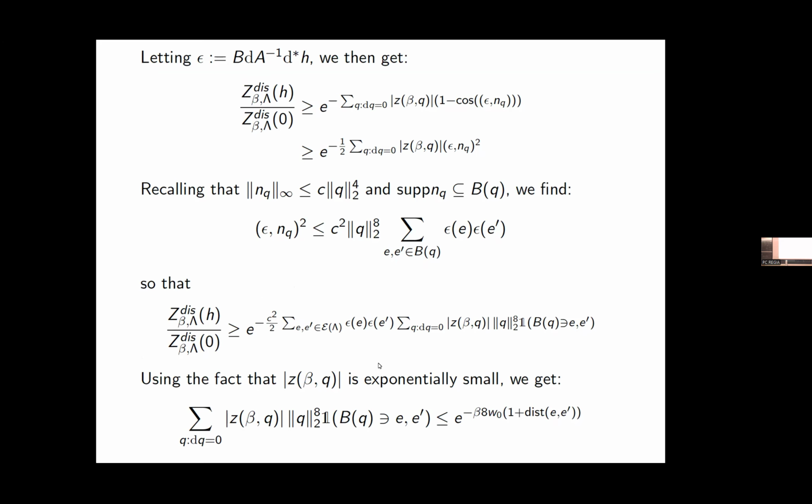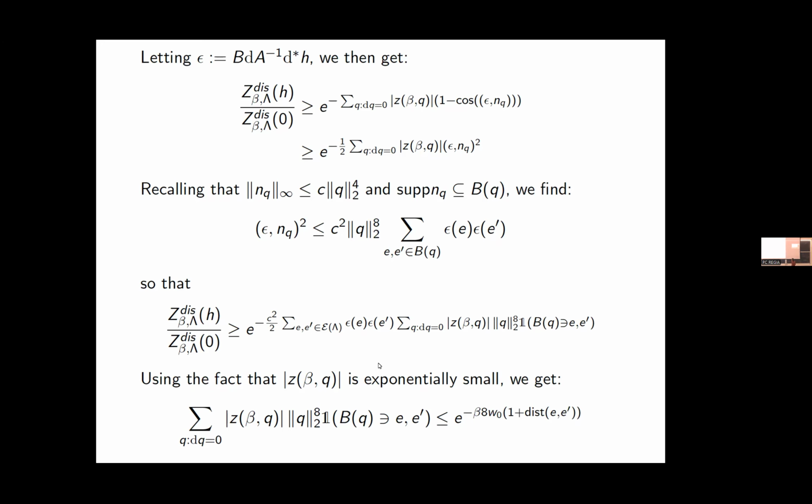So you get now this 1 minus cosine of this epsilon and q, and now we do the trivial bound that 1 minus cosine is smaller or equal than the argument of the cosine squared over 2. And so we finally have a lower bound in terms of an exponential of a quadratic form. So now we are done.